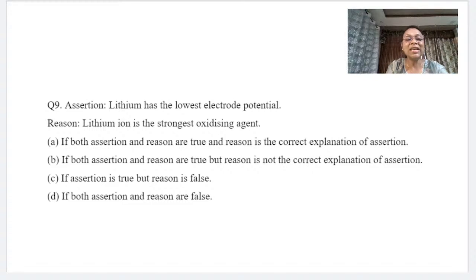And they say lithium ion is the strongest oxidizing agent. Lithium ion, how can it be the strongest oxidizing agent? It doesn't want to get reduced, it wants to stay as lithium ion. So obviously, here also the assertion is true, but reason is false.